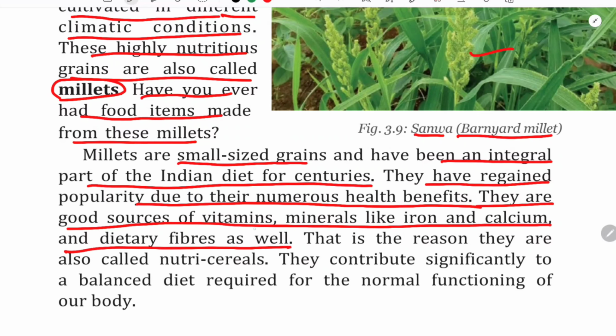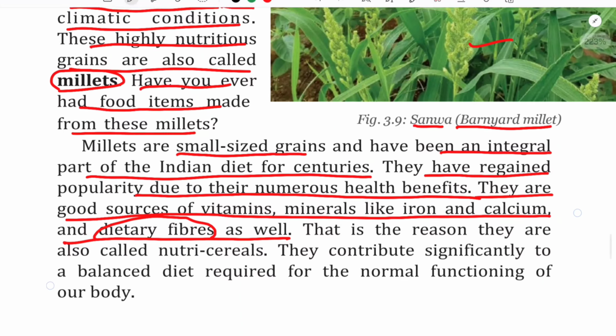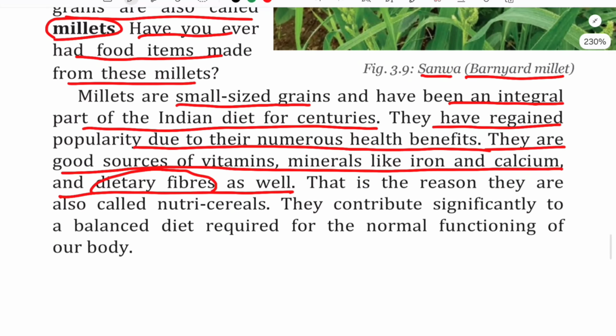Otherwise, your wheat chapati contains only carbohydrates and starch, with no protein, fats or vitamins. But here, all these nutrients are present. So it is considered that you choose jowar or bajra over wheat roti.